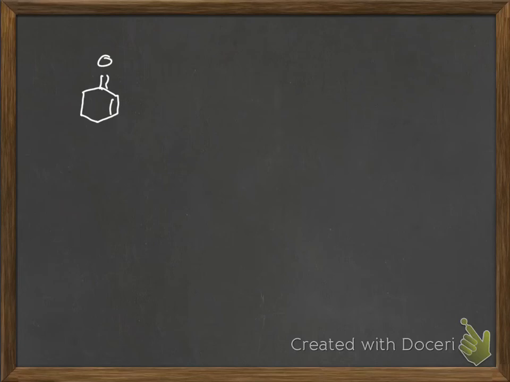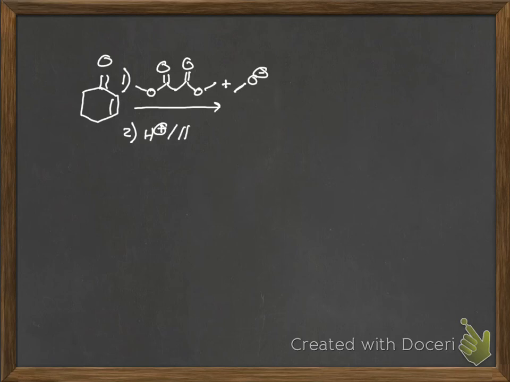I want you to react this alpha-beta unsaturated carbonyl with that diester with methoxide, followed by acid and water, followed by high heat.